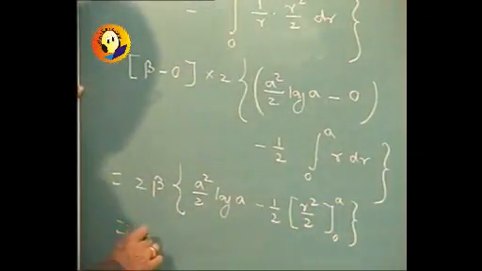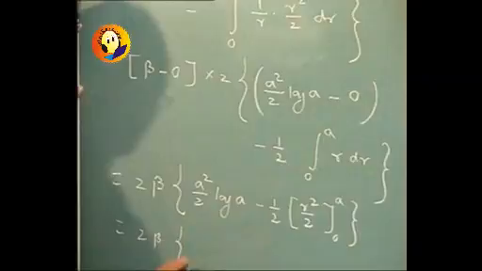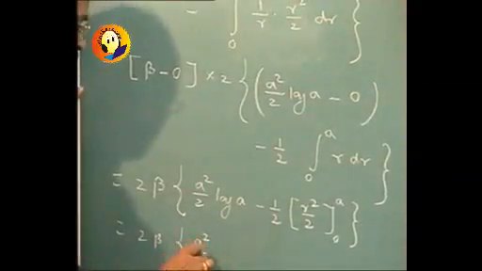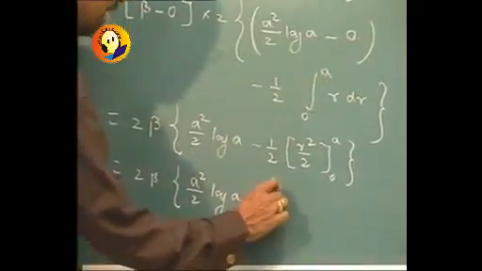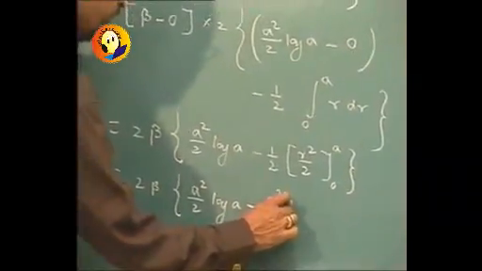So it will be 2 beta into bracket a square by 2 log a minus a square by 4.